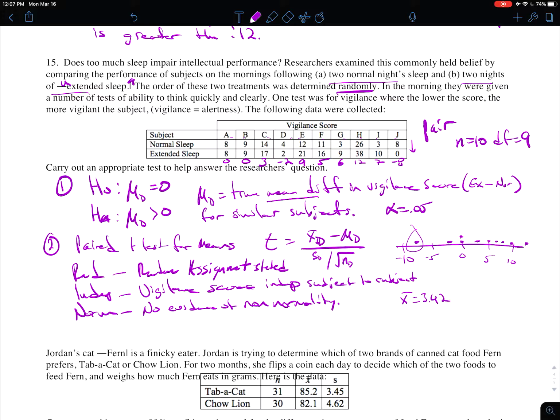And then the other thing that you could do that might be worth your time is, if you're going to put the data in your calculator, then you can put this in L1 and this in L2 and do the subtraction, those column operations to get that there.